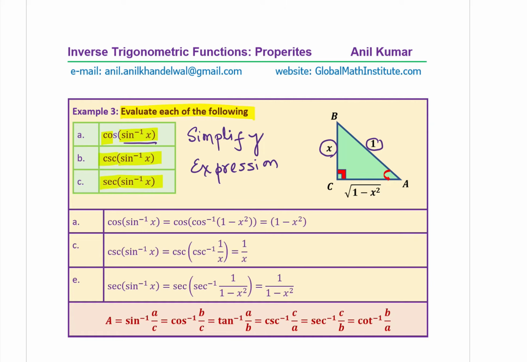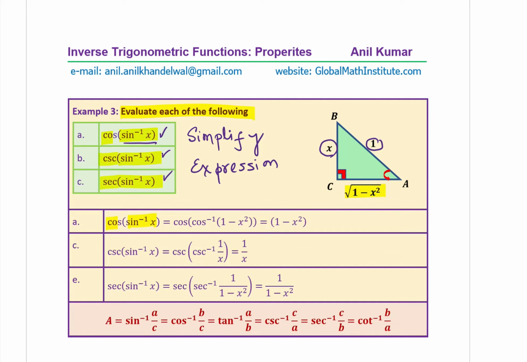Well, we got our triangle now, so we can write this in terms of cos, cosecant, and secant, and that will help us to solve all three. Rather, simplify them, correct? So let's see how we did that. We have sine inverse of x and want to write it in terms of cos. So to do that, we need to find the third side, which is the square root of 1 minus x squared.